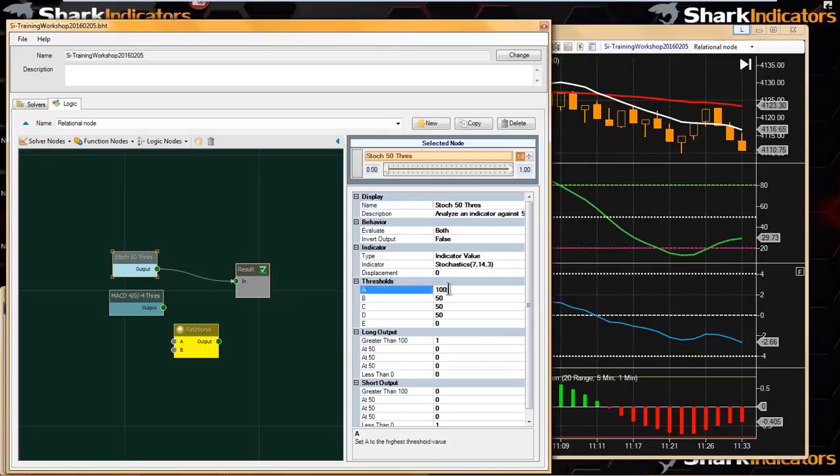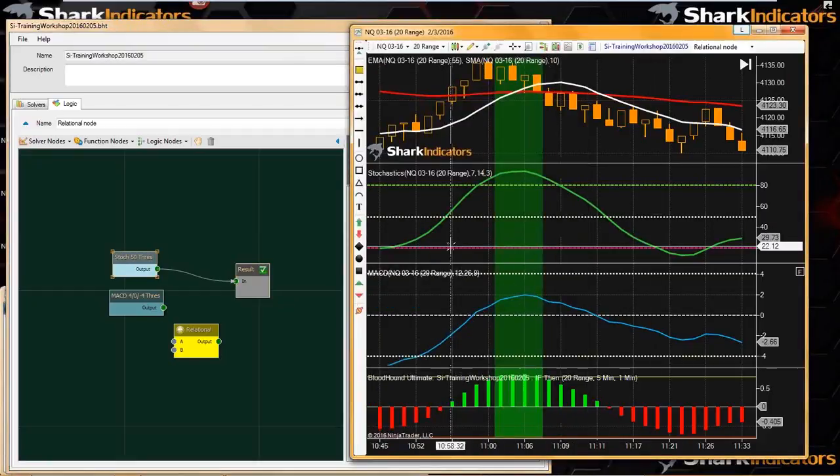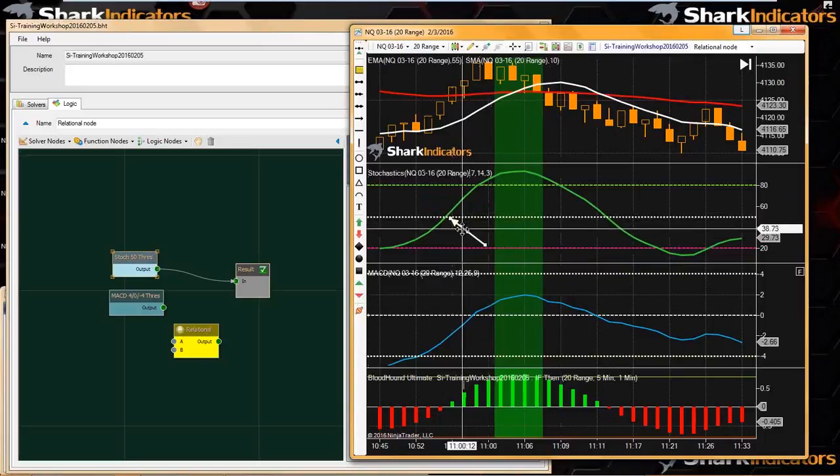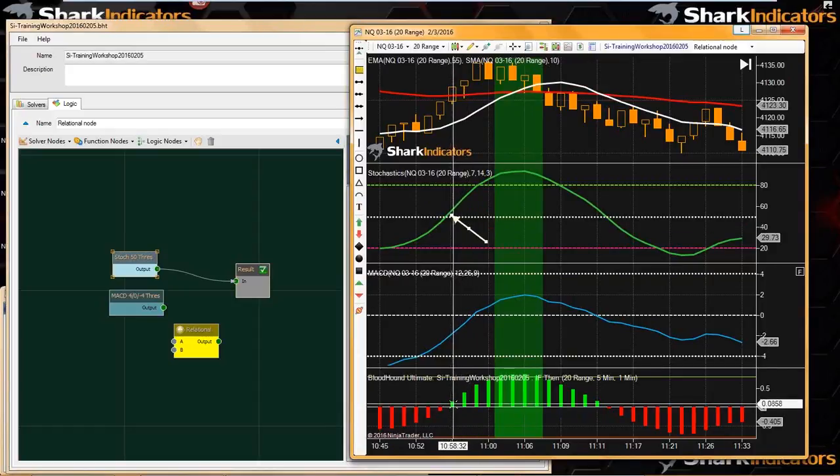If you look at my thresholds, they're 100, then 50, and then down to 0. So we can see when the stochastic crosses above 50, the output of that solver goes positive.